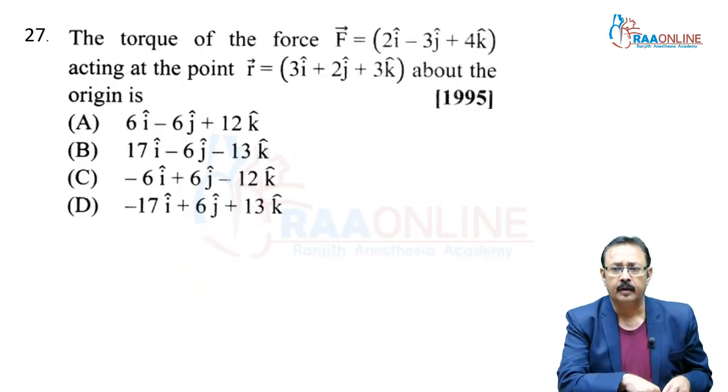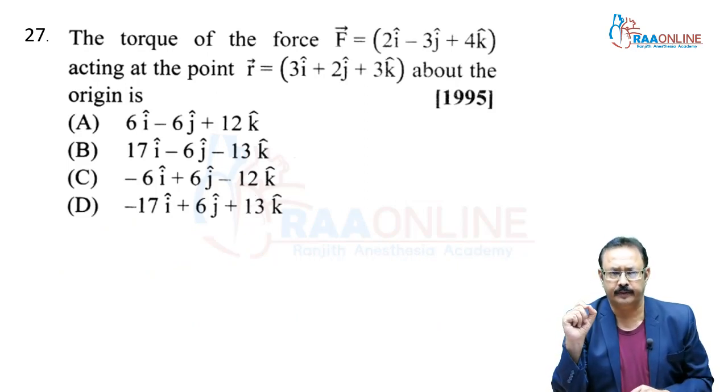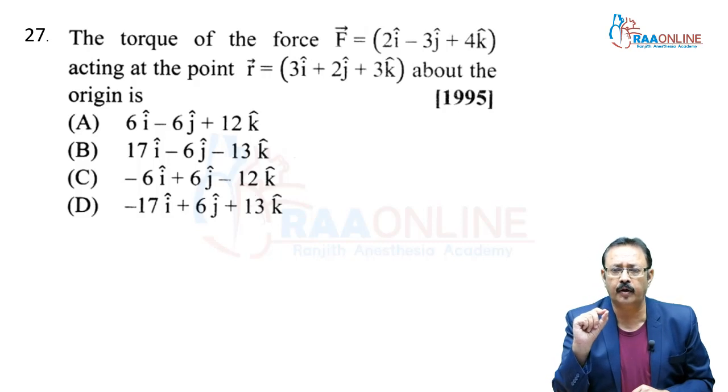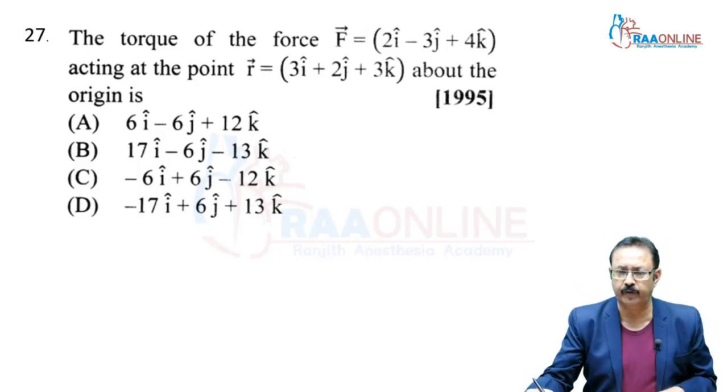Next, it is from 1995 AIPMT. The torque of the force F acting at the point R about the origin is, everyone knows the formula for torque. What is torque?